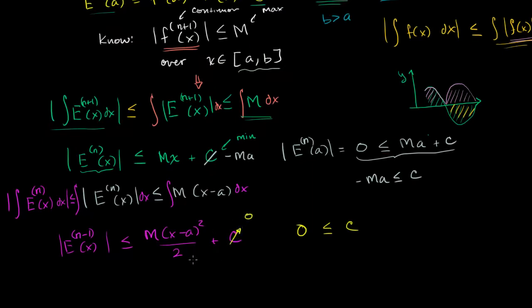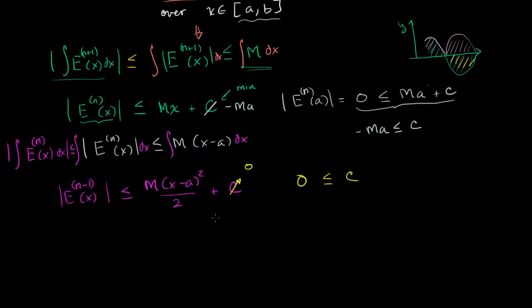And so the general idea here is that we can keep doing this. We can keep doing exactly what we're doing, integrating it the exact same way that I've done it, using this exact same property, all the way until we get the bound on the error function of x. So you could view this as the 0th derivative.